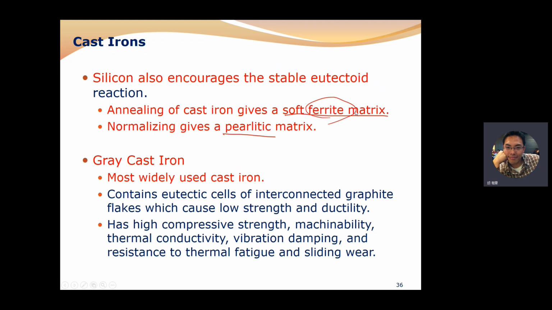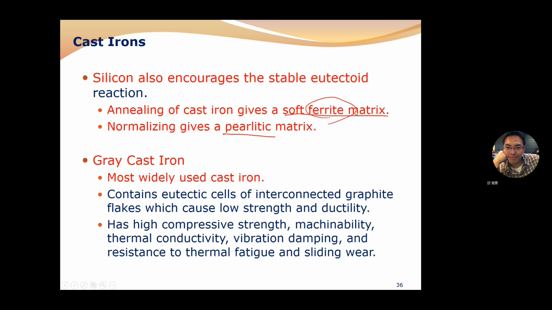So you have to specify your applications for gray cast irons. If you need a component with very high conductivity, it would be a good choice. What kind of components need high thermal conductivity?